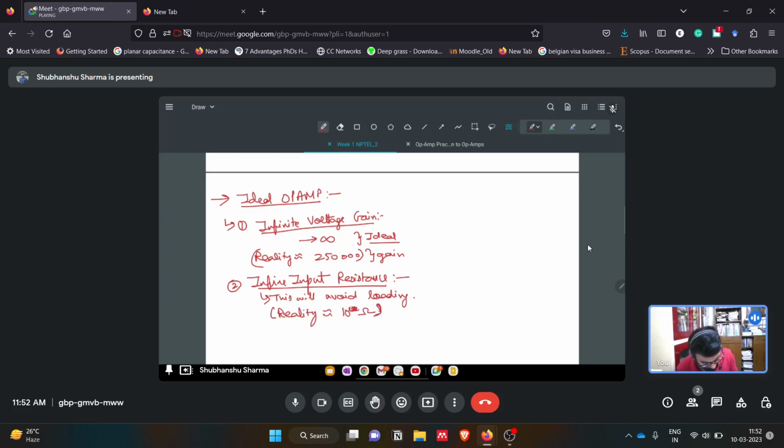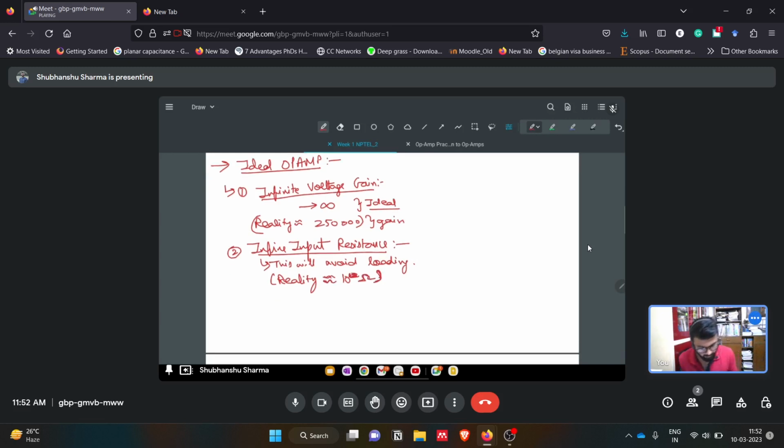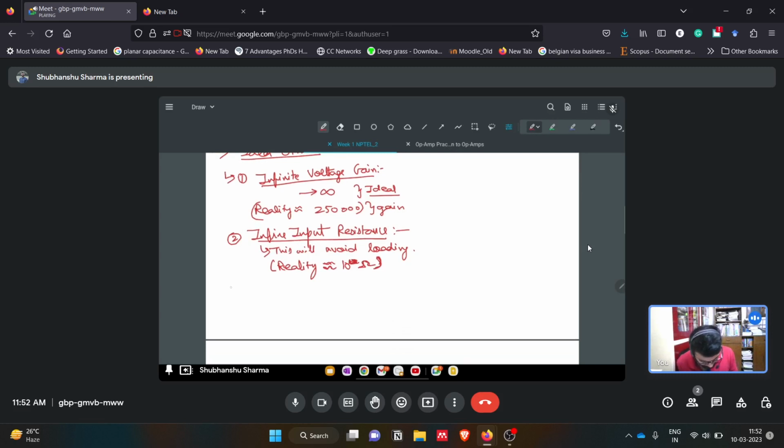This is also very high, but still there is some value to this input impedance. Then if we talk about output impedance, that is zero. So this will not load any other circuits.